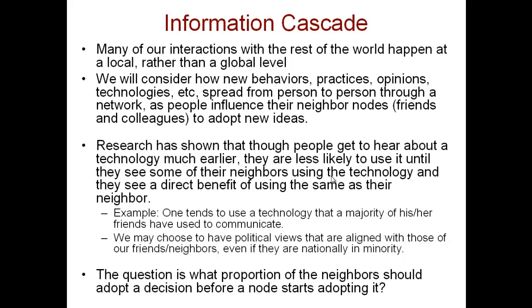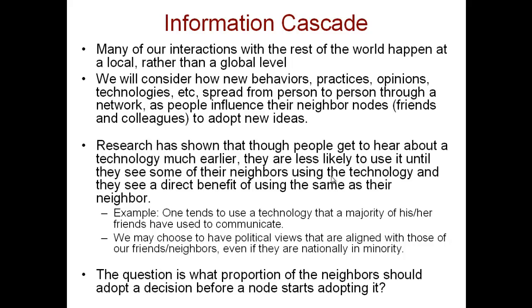So how many of your neighbors need to use that particular technology before you start using it? That's the kind of problem we're going to look at in this module.